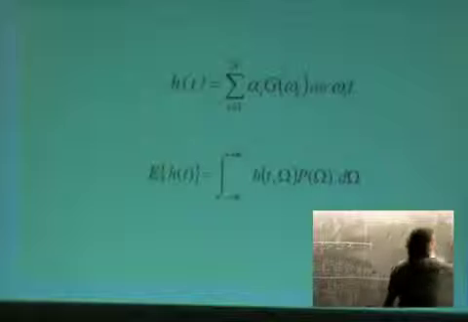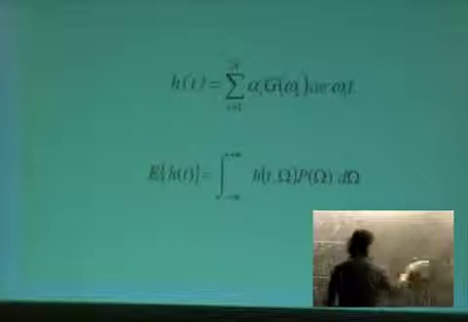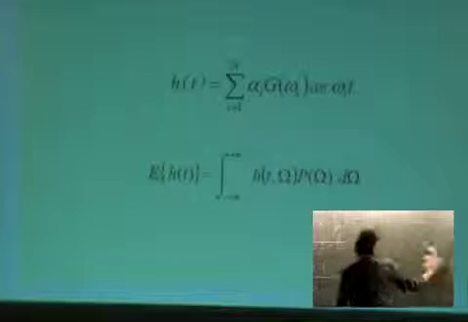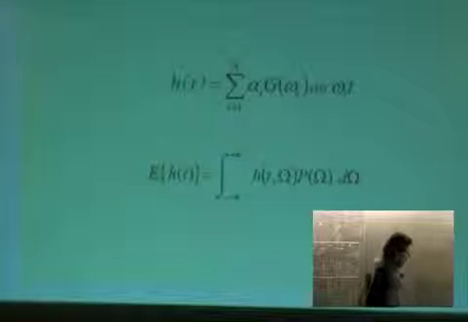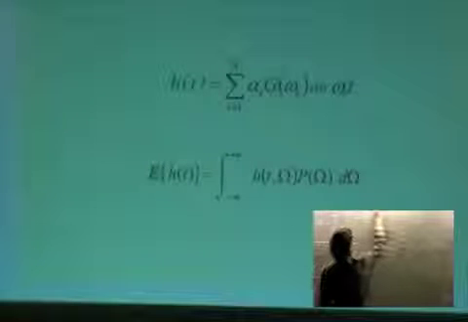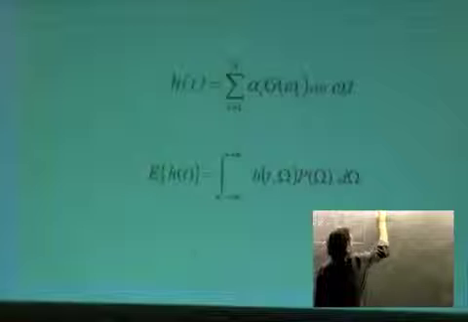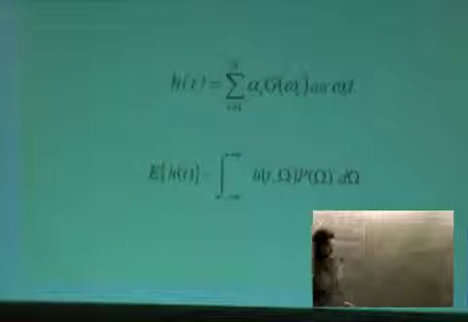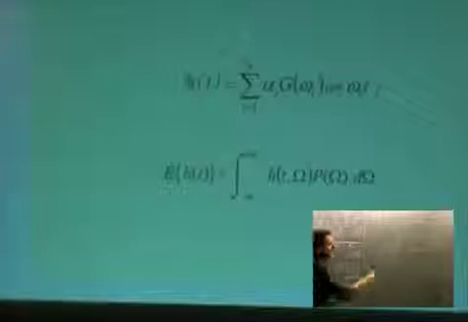I would like to tell you this story because it's very nice. This is a story that was considered in 1941 by a set of people. They considered just a random variable, x_i.